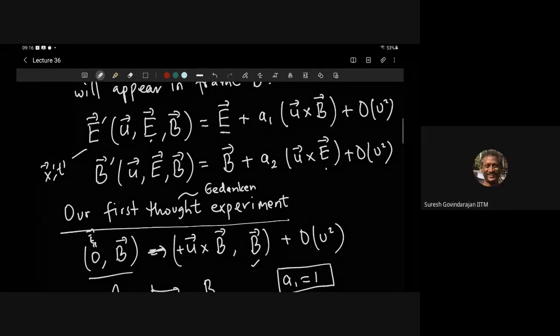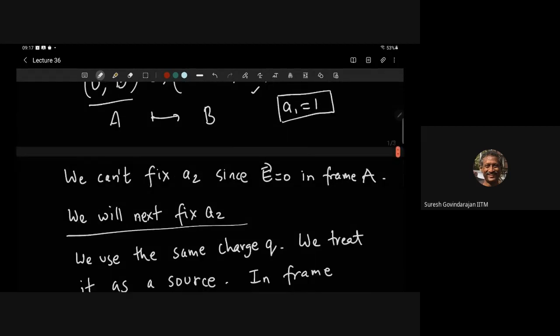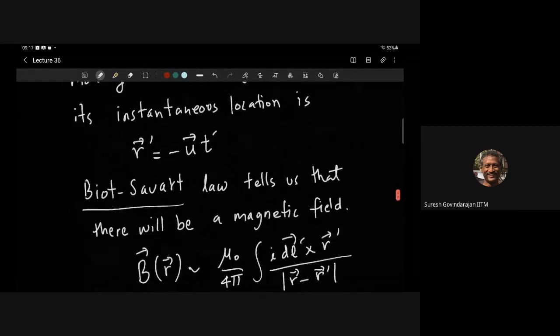So now what I'm going to do is do a different setup where E is non-zero, but B is 0 in frame A, and then ask what we get. Okay.